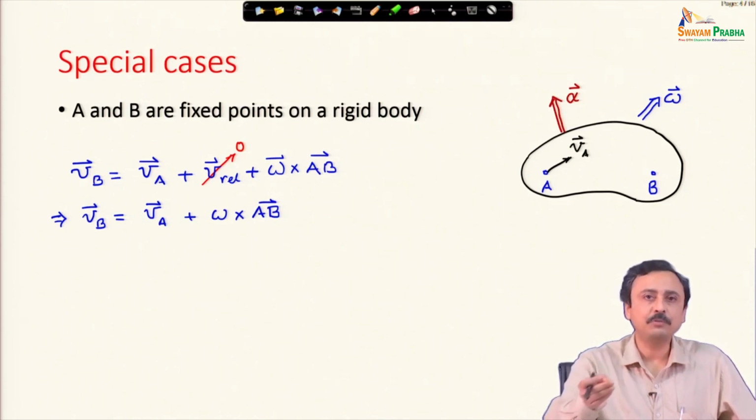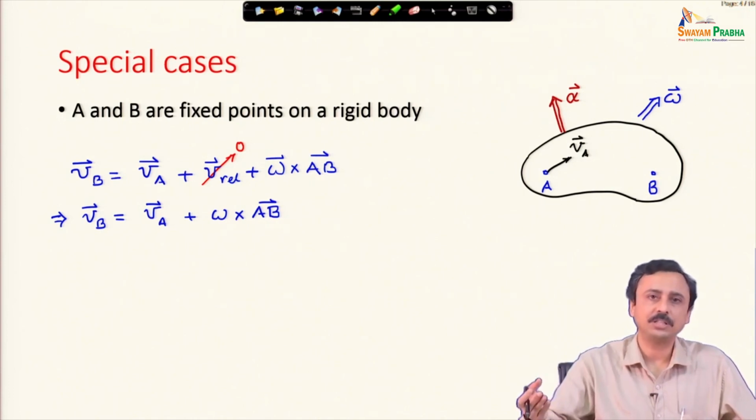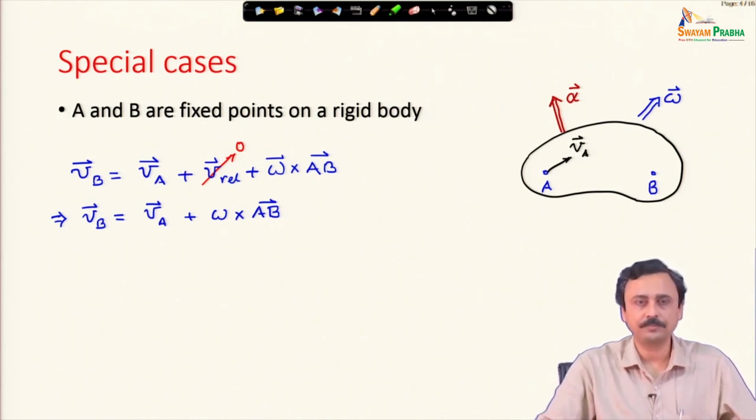You will say that V rel is 0, because the vector from you to that person is not changing, neither in direction nor in magnitude.